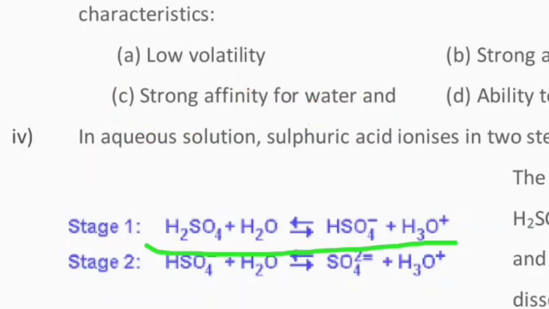The acid dissociation constant for this stage 1 is very high. That indicates it largely, or immediately, dissociates into HSO4 minus and H plus ions. That means sulfuric acid is a very strong acid.